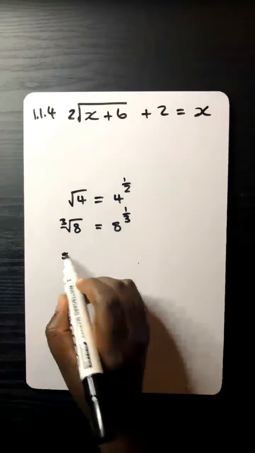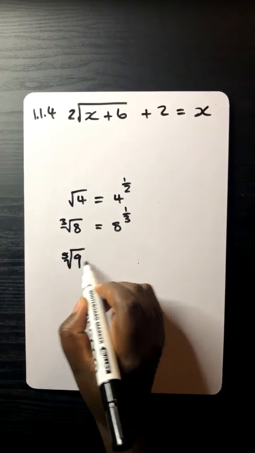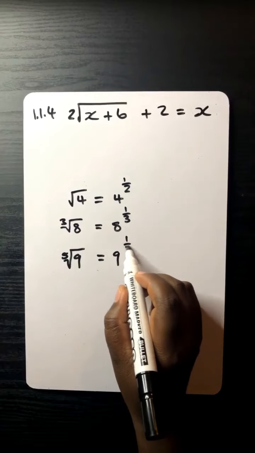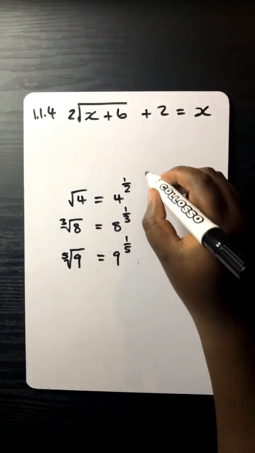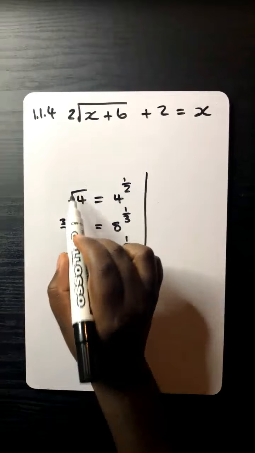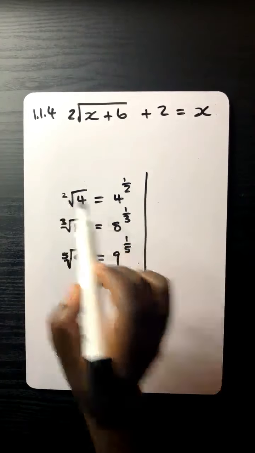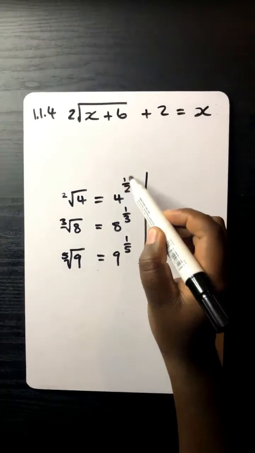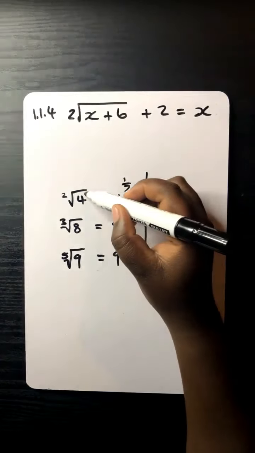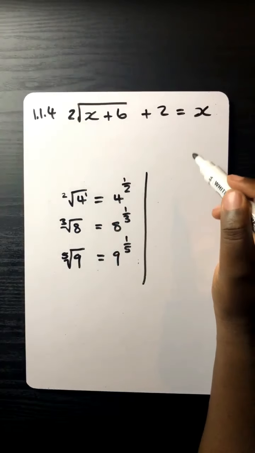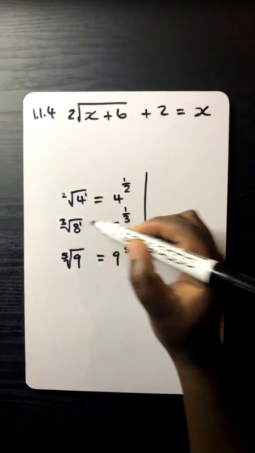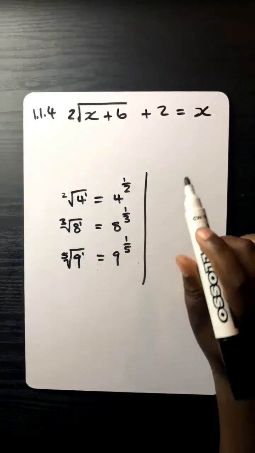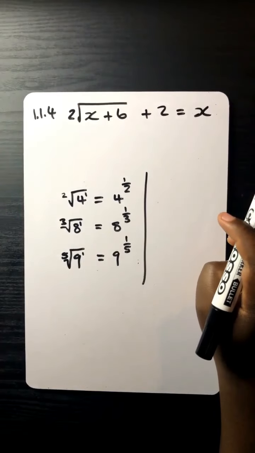The 4th root of 9, 4 square root of 9, is the same as 9 to the exponent 1 over 4. Therefore, when you see a square root, just know there's a 2 over there, which is not necessary to write. Where does that 1 come from? Ladies and gentlemen, 4 to the power 1 is 4. Guys, 8 to the exponent 1 is 8. Ladies and gentlemen, 9 to the exponent 1 is 9.